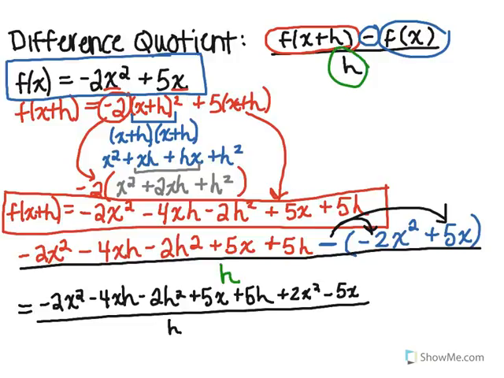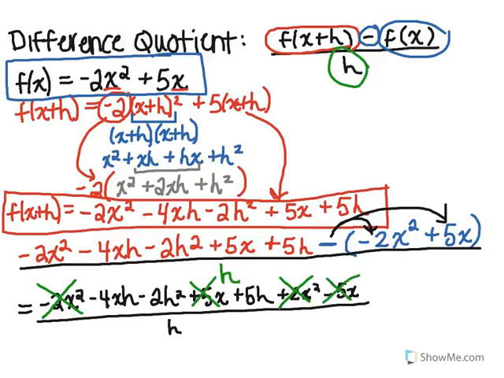So if we look for cancellations, we do have the 2x squared cancel because there's a negative 2x squared right here and a positive 2x squared right here. There's also the 5x, so there's a plus 5x here, a minus 5x here.